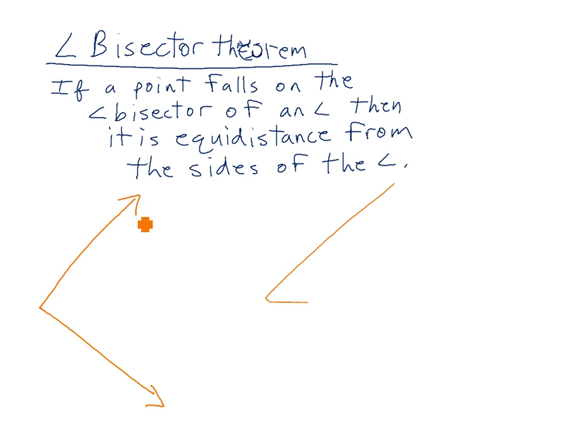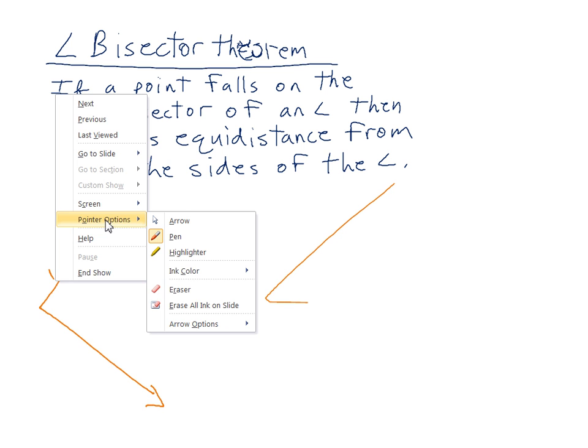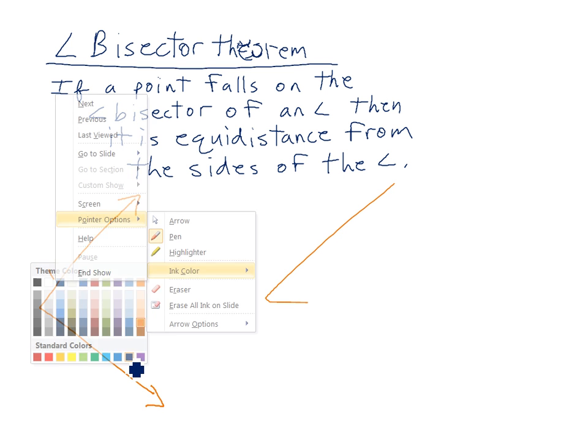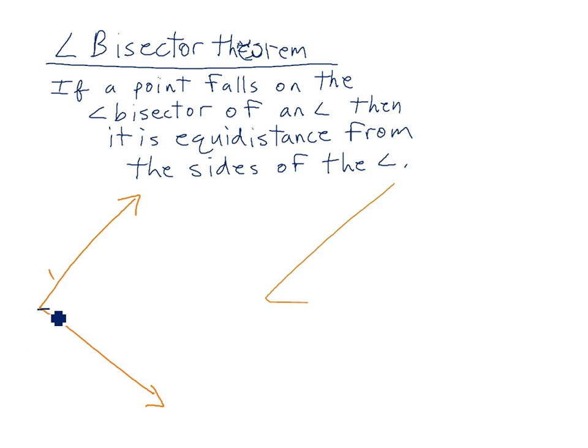I draw this angle, and we bisect it. We'll call this angle ABC, and we bisect it with ray BD here, so we know that these two angles are congruent. It looks a little better.